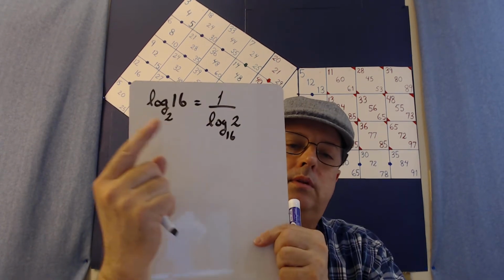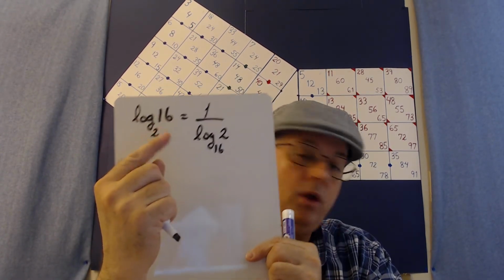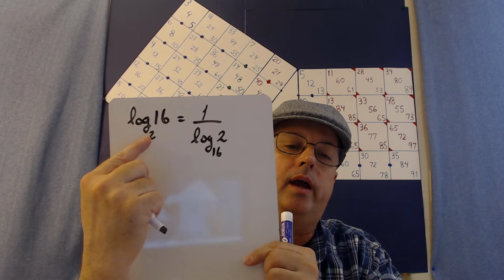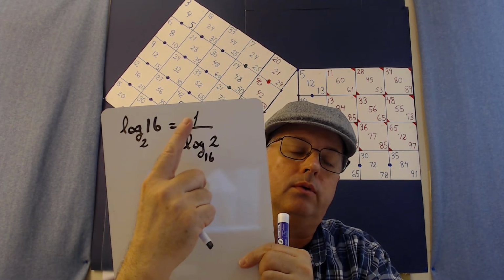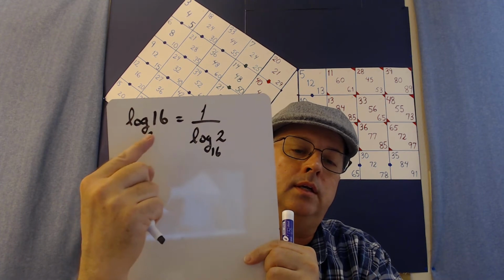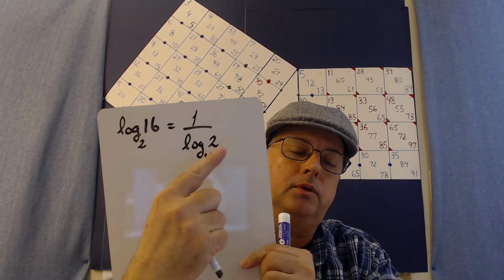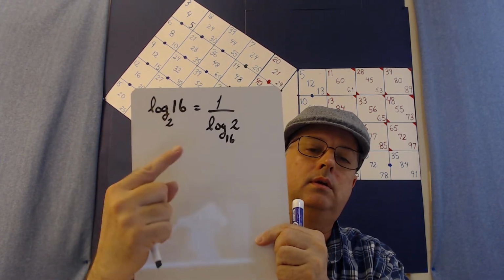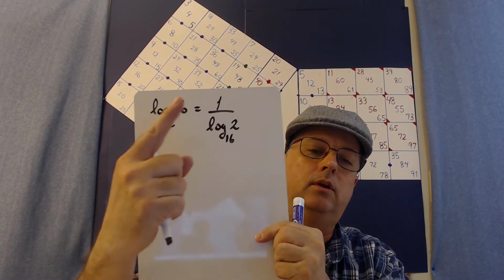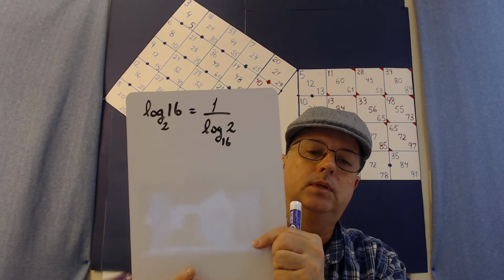So that's what the reciprocal of a log says, that if we put this as 1 over, then the base and the argument change. Okay, so let's see if that's true.